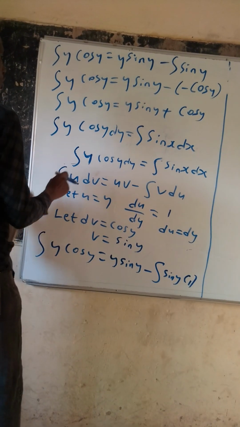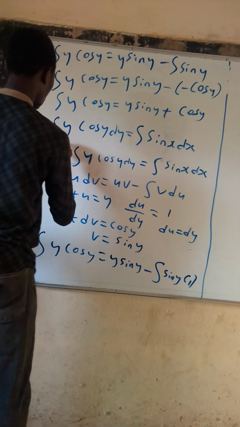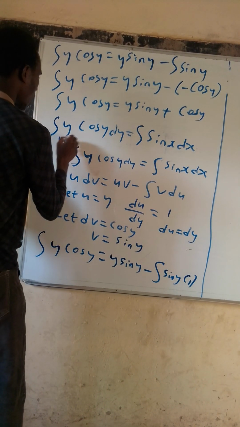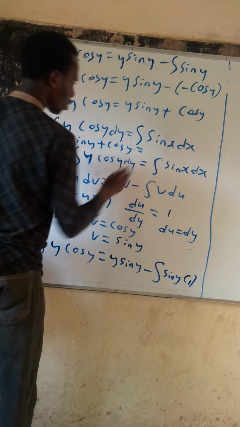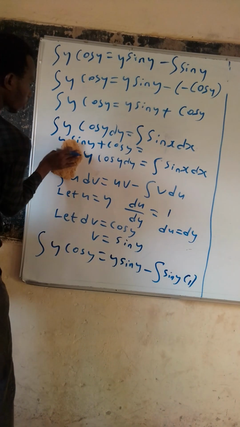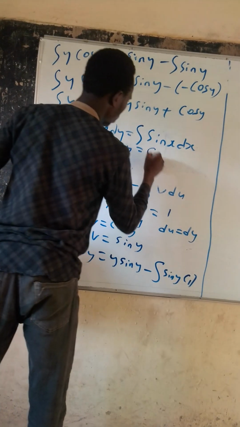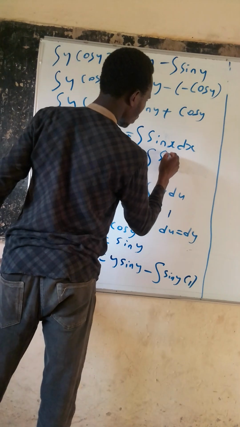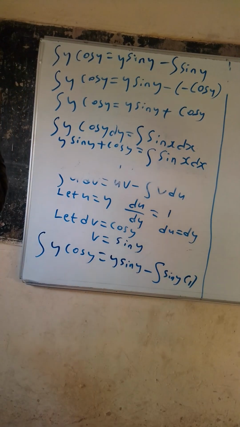So having solved it, we got this one as this. So let's replace it with that. We have y sine y plus cos y, which equals the integration of sine x dx. Are you getting it now?